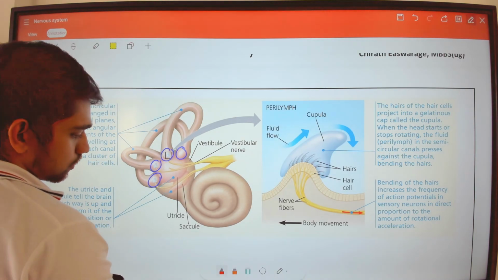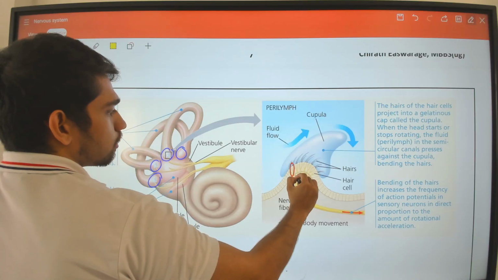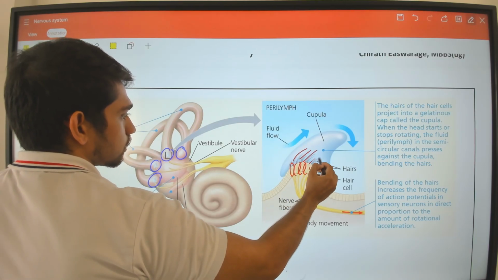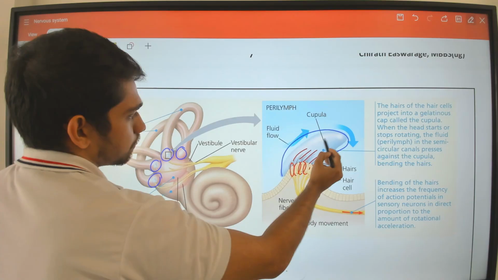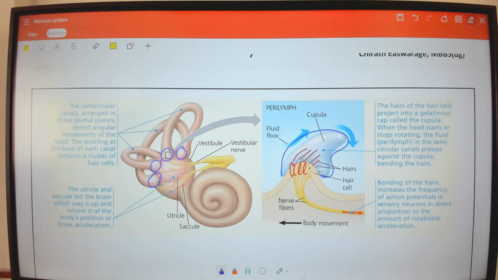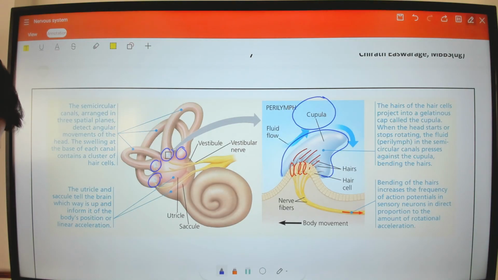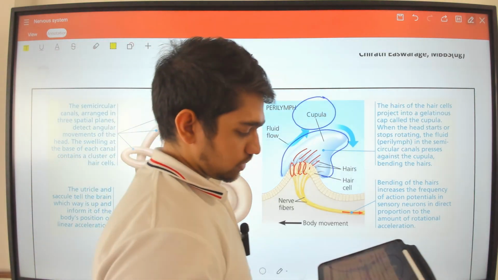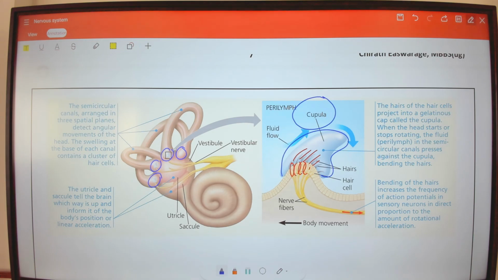Hairs project into a gel cap, which is called the cupula, but you don't need that name, it's not given. Hair cells form a cluster with the hair projecting into a gelatinous cap. Changes in the position of the head cause movement in the perilymph and the endolymph. As a result, hair cells are stimulated and the resulting nerve impulses are transmitted to the brain. Got it? So this is the gelatinous cap.